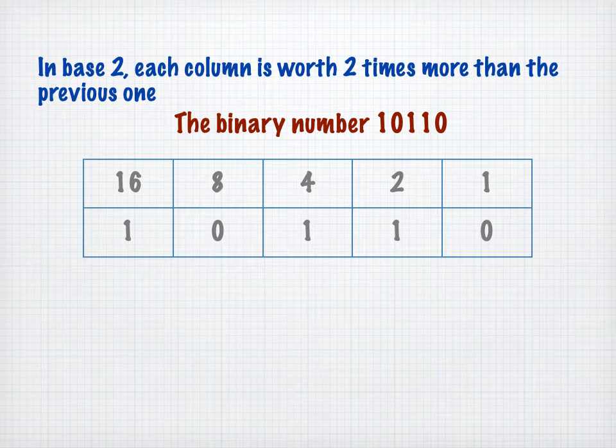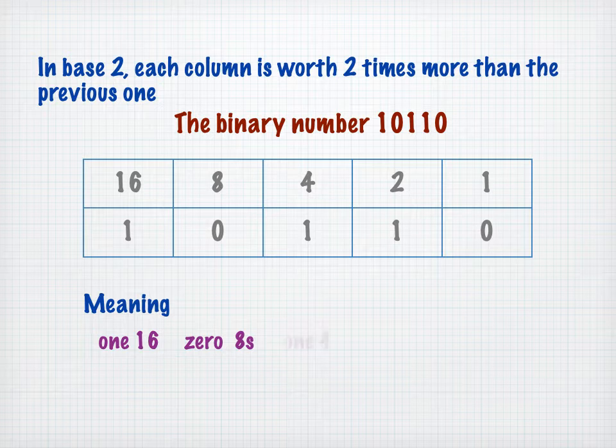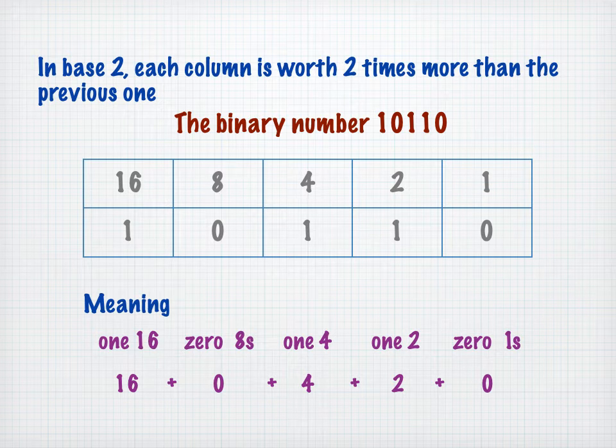So you can see how the numbers go up, 1, 2, 4, 8, 16, and then we just carry on going. When we place a 1 or a 0 in there, what we're indicating is that we either want that value or we don't. So that would translate into 1 sixteen, no 8s, 1 four, 1 two, and no ones, and you add those all up and you would get 22, just like that.